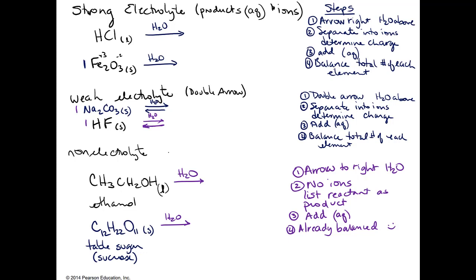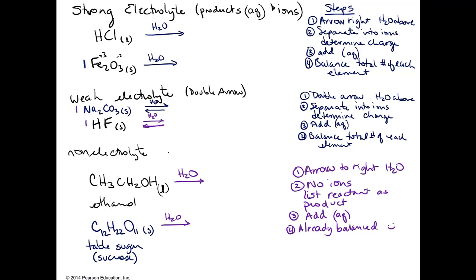So in these, you can have 3 different types of hydration reactions that can occur. If it's a strong electrolyte, you know that the light bulb is going to be super bright. With a strong electrolyte, all the products will be aqueous and you'll have ions. So I wrote down the steps that you do with each one. With a strong electrolyte, the arrow will go just to the right because 100% becomes ions.